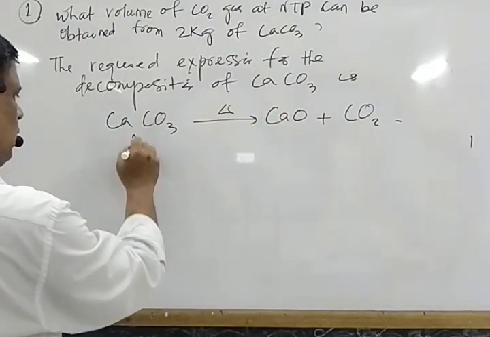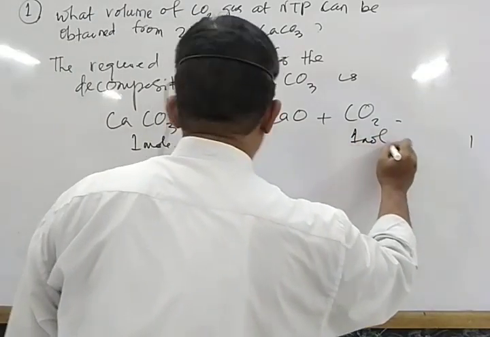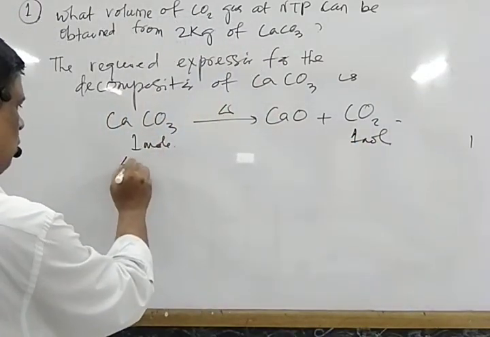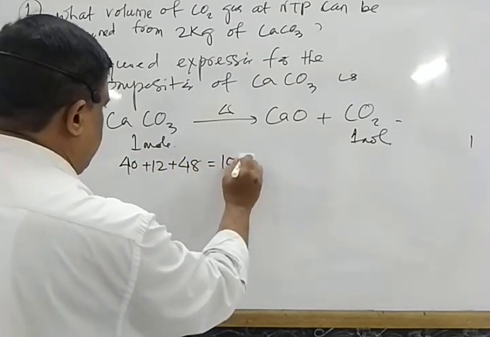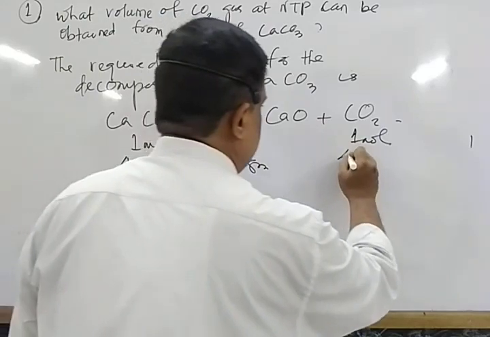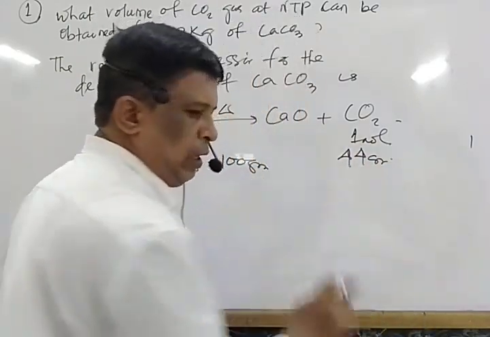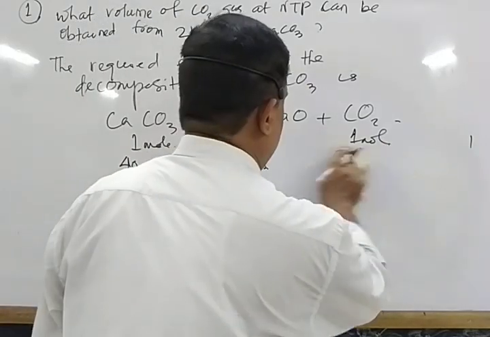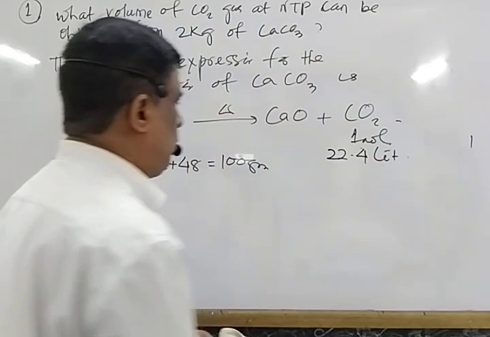So here it is 1 mole, that is equal to 40 plus 12 plus 48, 100 gram. And it is 44 gram. That means 1 mole, if we transfer to volume, is equal to 22.4 liter at NTP.